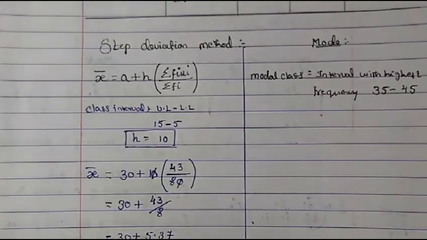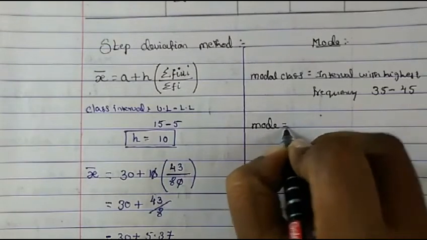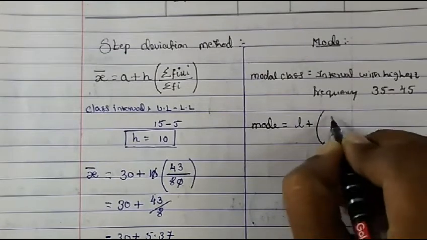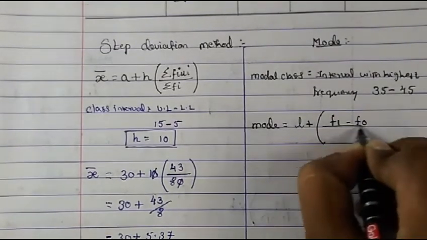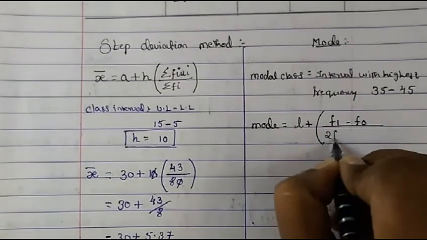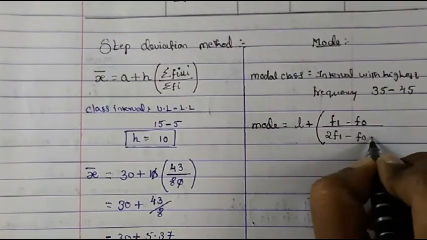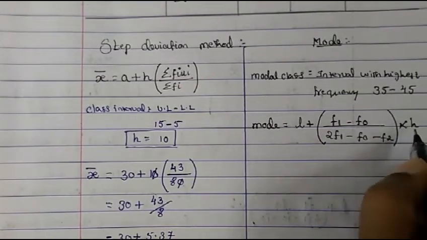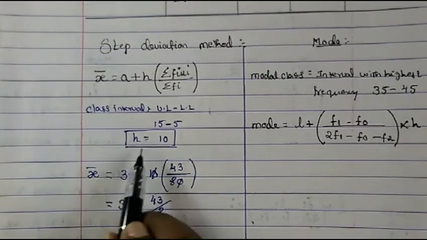What is the formula for mode to find out? Mode is equal to L plus F1 minus F0 divided by 2 into F1 minus F0 minus F2, multiplied with class interval. H is class interval. We know class interval, we have found out here already.